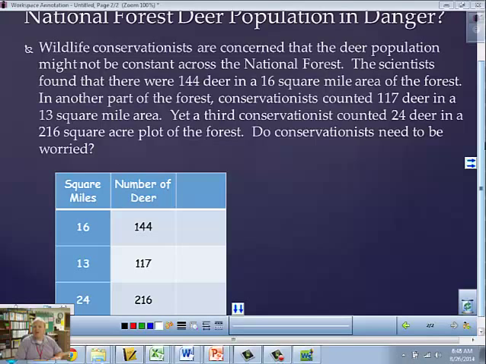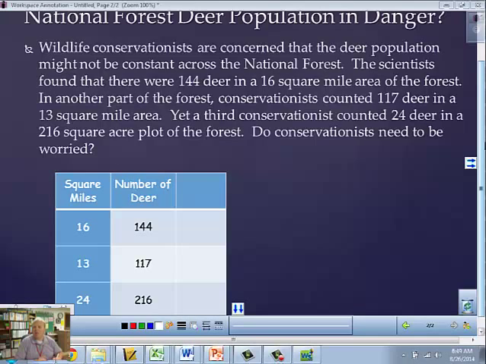Scientists found that there were 144 deer in 16 square miles of the forest. In another part of that same forest, conservationists counted 117 deer in a 13 square mile area. Yet a third scientist counted 216 deer in a 24 square mile plot of the forest. Do the conservationists need to be worried?